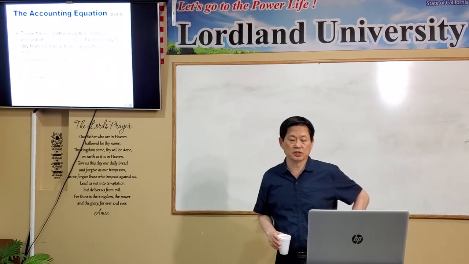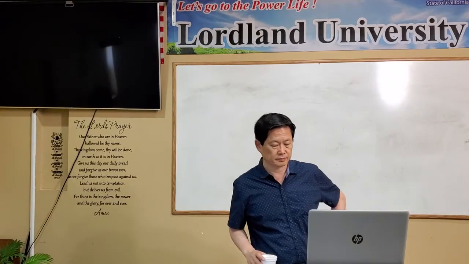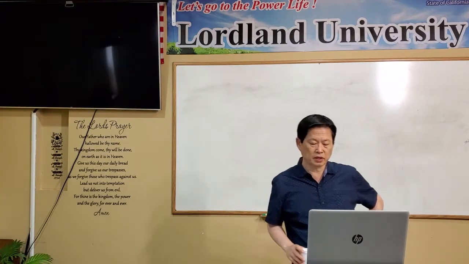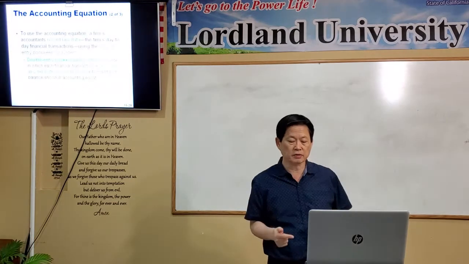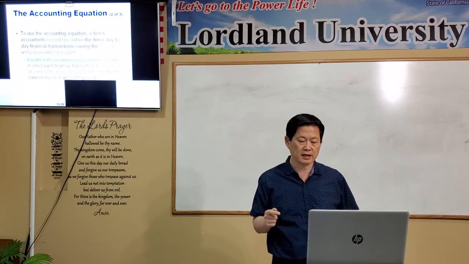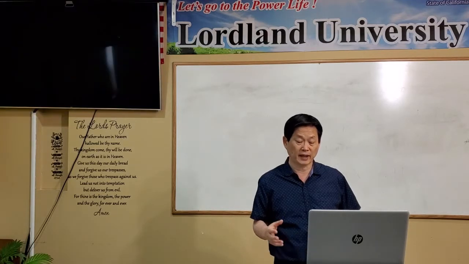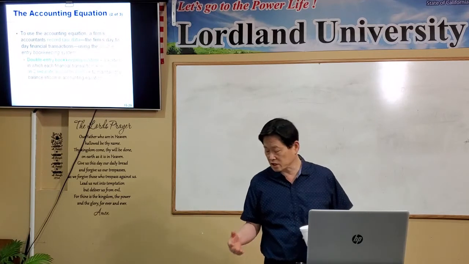What is the double entry bookkeeping system? The double entry bookkeeping system is a system in which each financial transaction is recorded as two separate accounting entries to maintain the balance shown in the accounting equation. What does it mean?